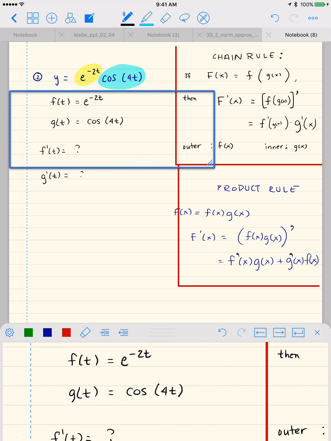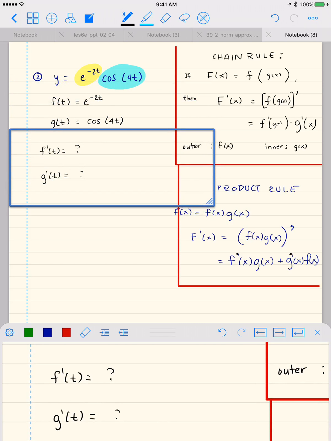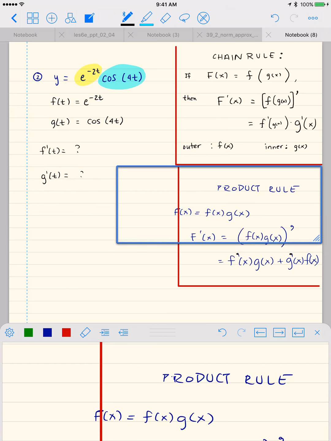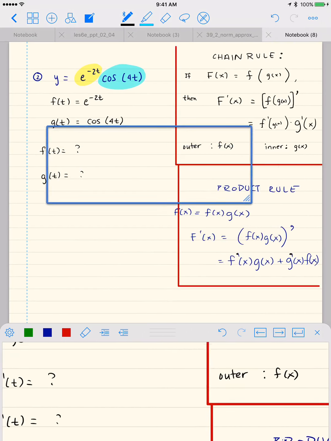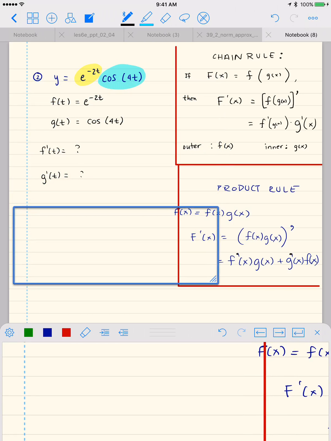And then once I have these four, right, f, g, f prime, and g prime, I'll be able to use the product rule and come up with my answer. Now, let's figure out f prime. So here we are. To figure out f prime of t, that's what we're doing here.